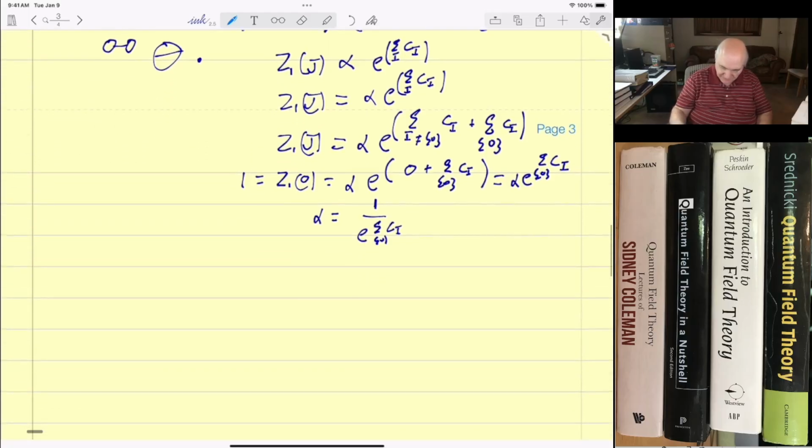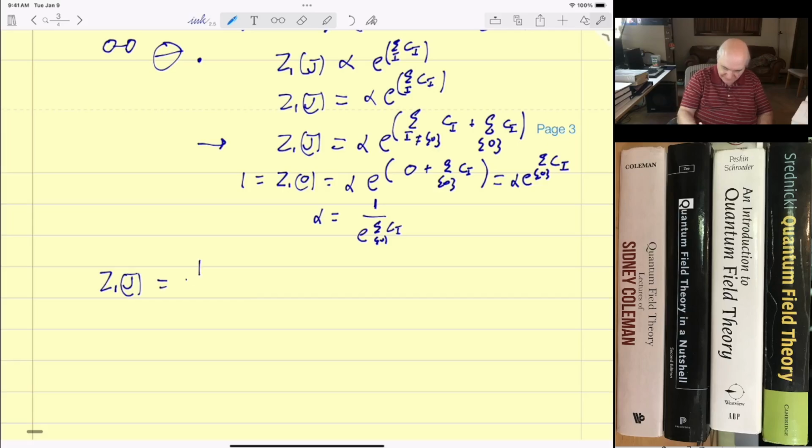So now we go back to our Z1(J) and plug that in. I'm doing this in a very obvious way, but it's equal to alpha.